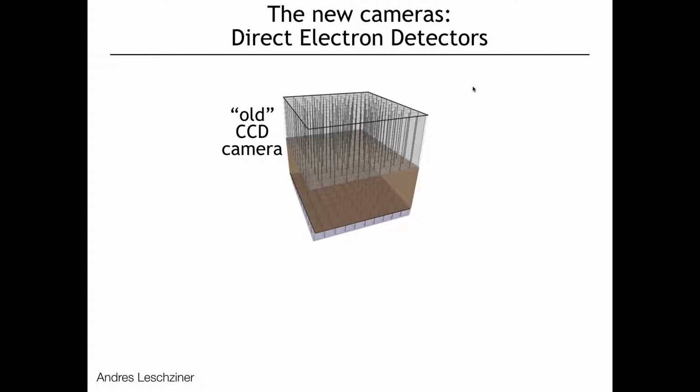You have pixels for capturing electrons, you have a scintillator for converting electrons into photons, and then you have a detector for reading out the photons.